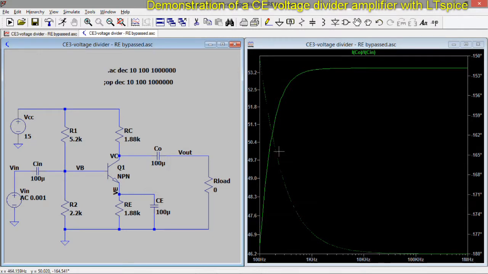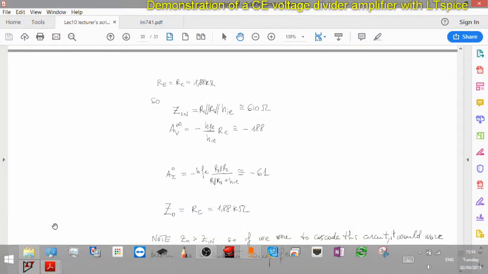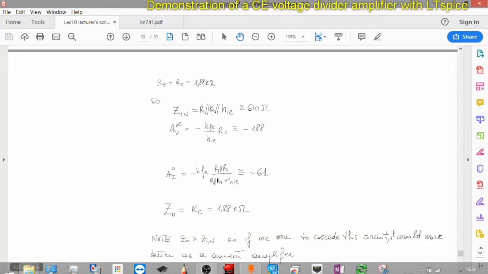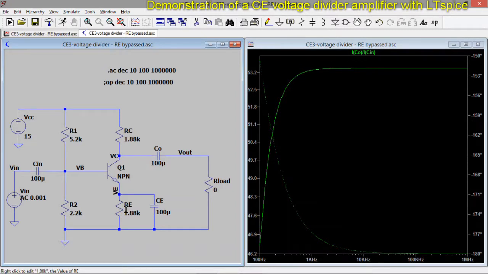We were expecting, according to our calculation, minus 61, and we get 53, which is quite good as well. We didn't know exactly the parameters. And again, 180 degrees is the phase shift. So again, this accounts for the minus.